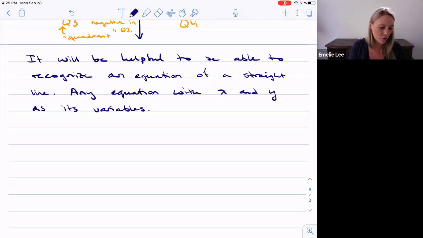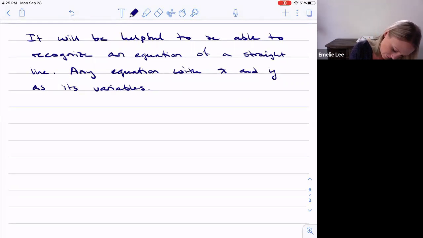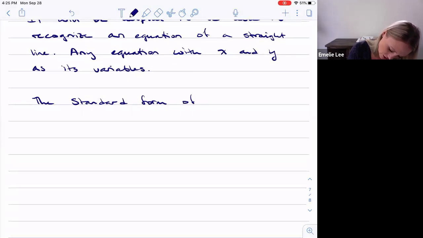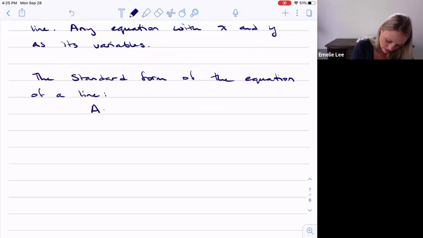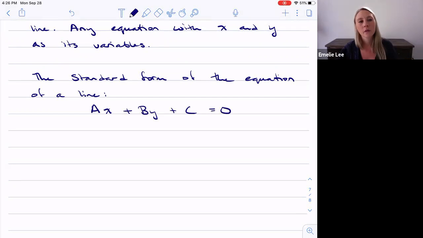The first form is the standard form of the equation of a line. The standard form of the equation of a line is Ax plus By plus C equals 0.